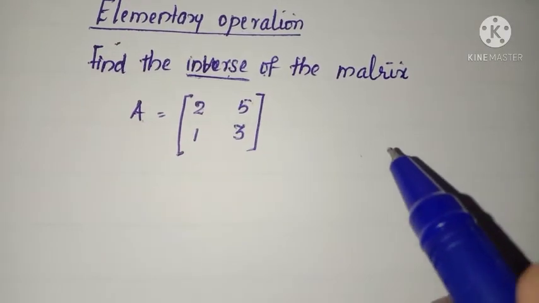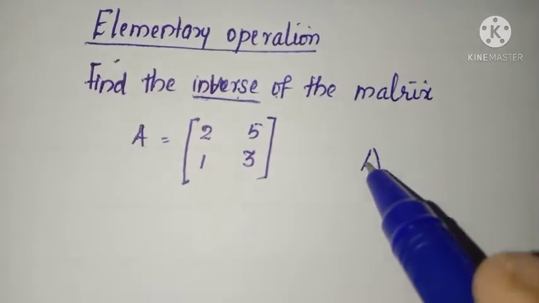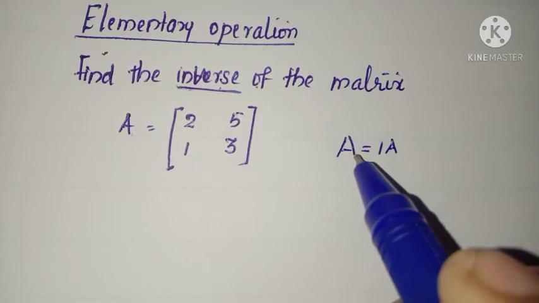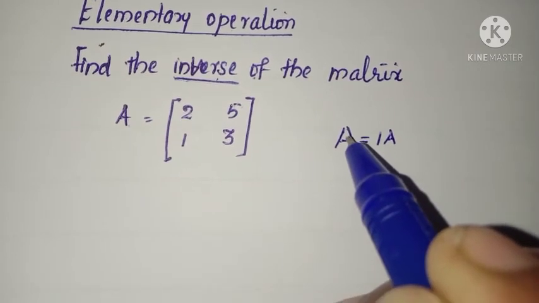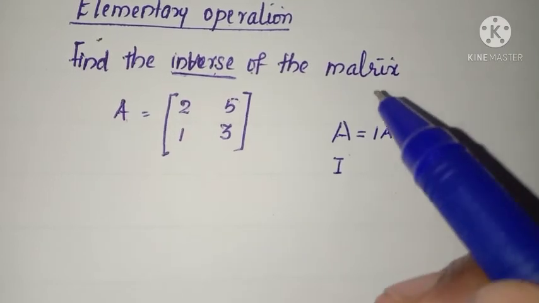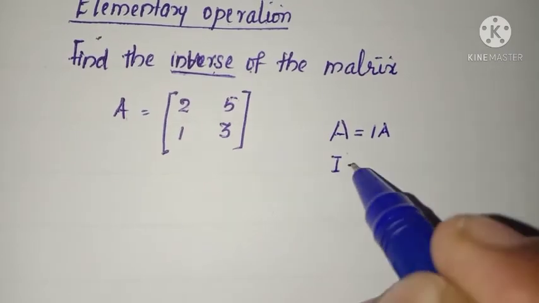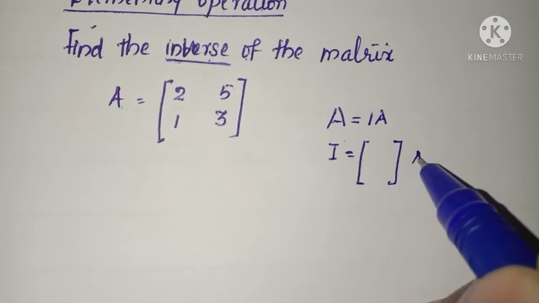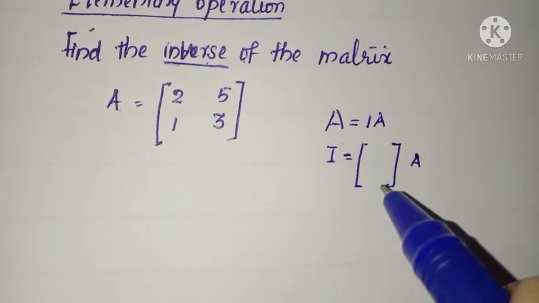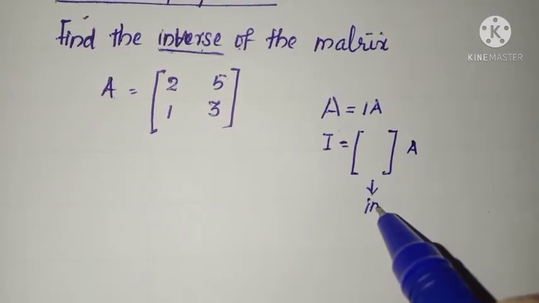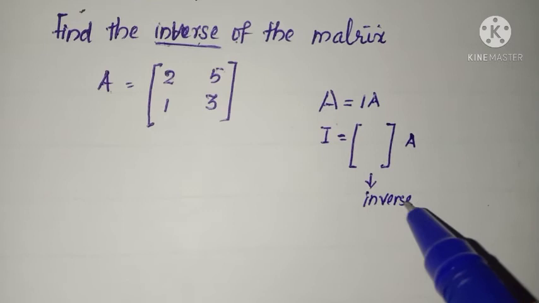The procedure is that first we write the given matrix A as IA, and convert the matrix I into the identity through elementary operations. So instead of this I, we get a matrix multiplying A. As a result, this matrix is our required inverse. This is the process.